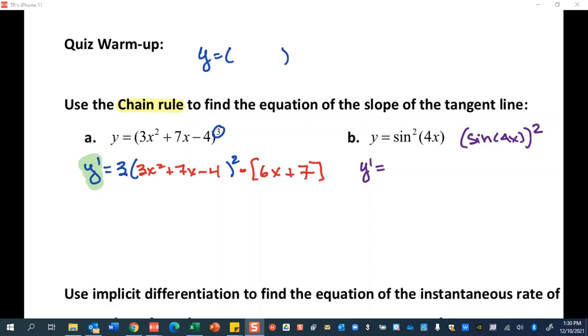So lots of kids struggle with what this means. This whole value, the sine of 4x, that's one value. What is it? Here it is. Oh, square it. That's what this says. So this is a trig understanding that is super hard for kids because when this 2 is out front, that means I want twice that value. When this 2 is up here as an exponent, that means I want that value squared.